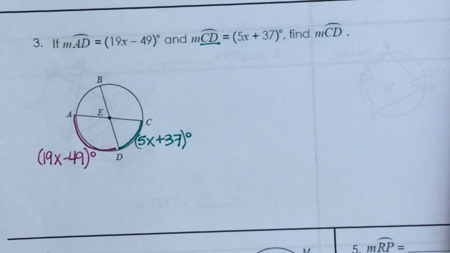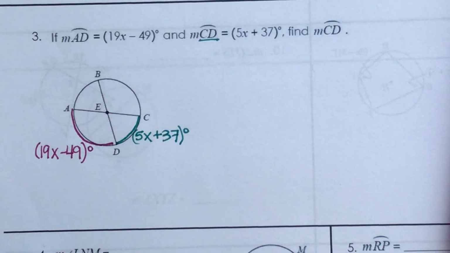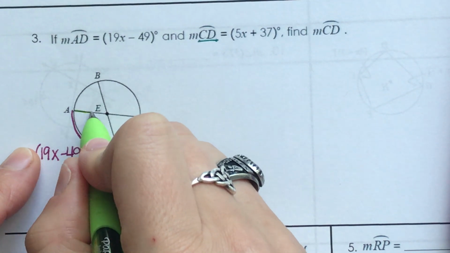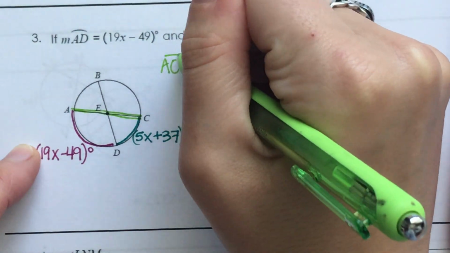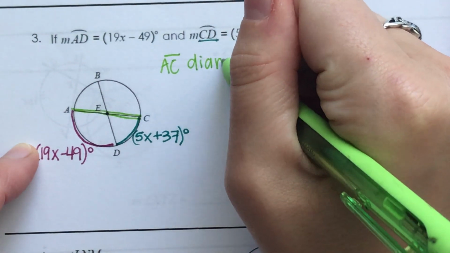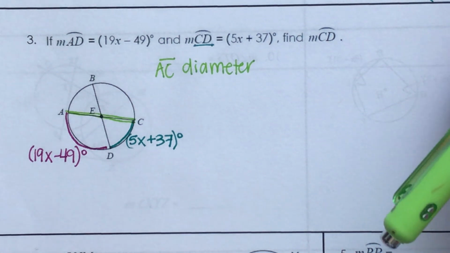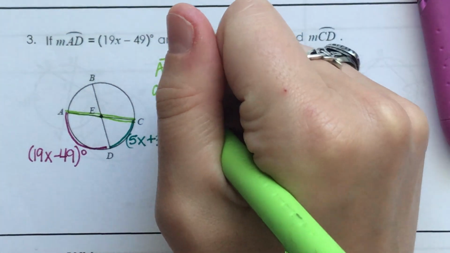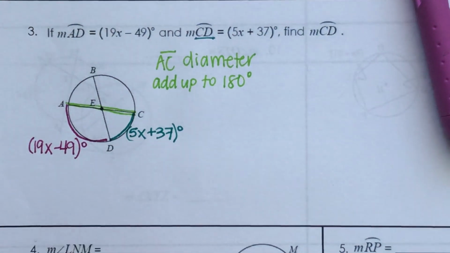Now, if I look at these two, what I notice is they're not the same size. However, if I put this pink and this blue piece together, I get this straight line right here. And this straight line, AC, is a diameter. If it is a diameter, that means my angles will add up to 180 degrees. It's a straight line.